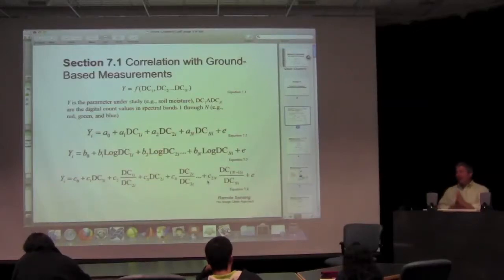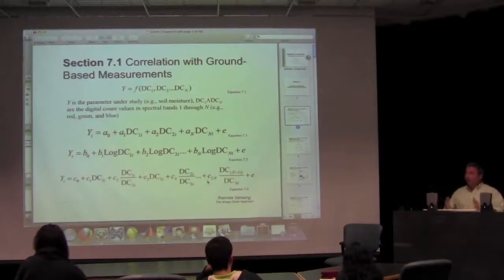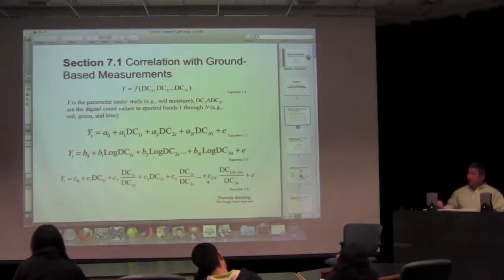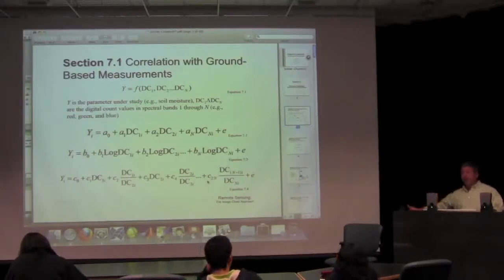Because if we could figure out what the atmospheric transmission is, what the upwelling radiance is, what the downwelling radiance is, all these terms inside of that equation, if we could figure all those out independent of observation, well then we can possibly relate digital count at the sensor down to ground leaving radiance. Right? And ground leaving radiance can then be related back to the reflectance of the target.